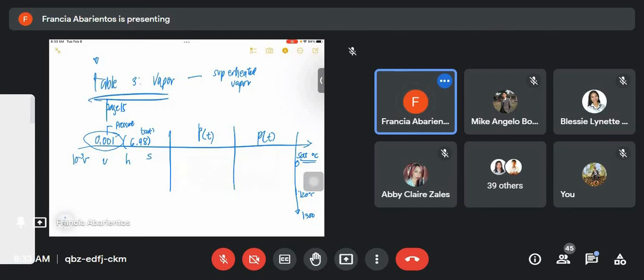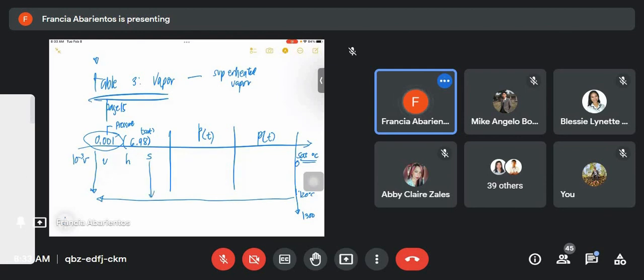So, at pressure 0.01, pupunta tayo dun pababa. And yung 120 degree natin, yan. So, dalawang ruler ang gagamitin nyo. Actually, isa pa rin. So sige nga, kung nakuha nyo. So, 120, kahit entropy lang.